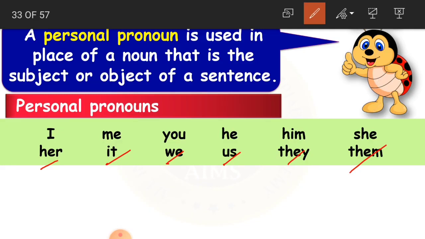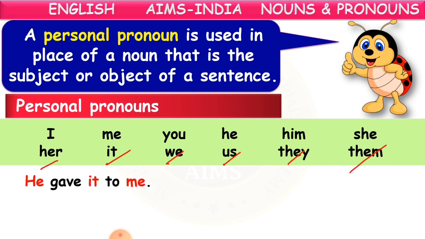And these are used in the place of a noun, whether it is the subject or object of the sentence. Subject and object we have already learned, children, when we were doing the exercises about nouns. So instead of a noun, we are going to use a personal pronoun here. For example, he gave it to me.